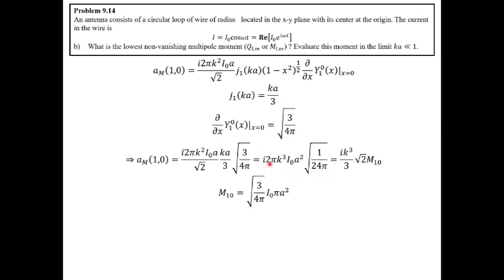So the lowest non-vanishing multipole moment M10 equals root 3 over 4 pi times I0 pi a squared. Okay, so problem B is finished.